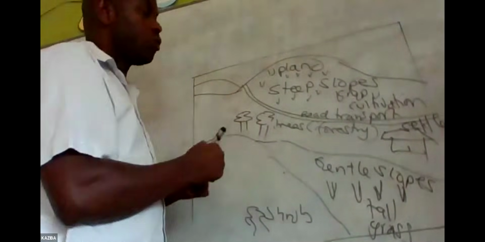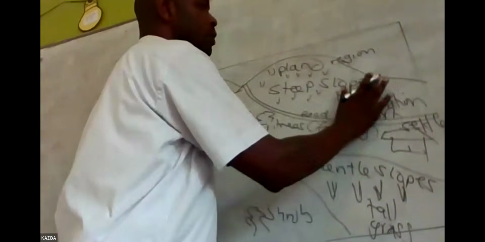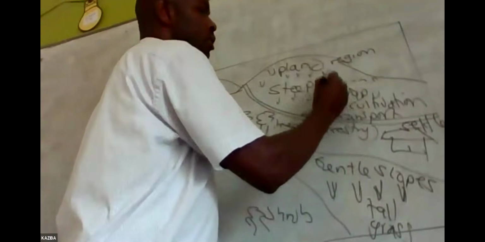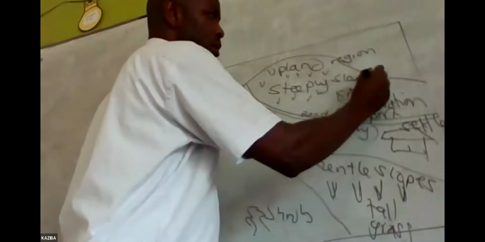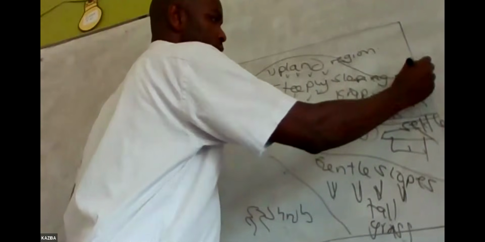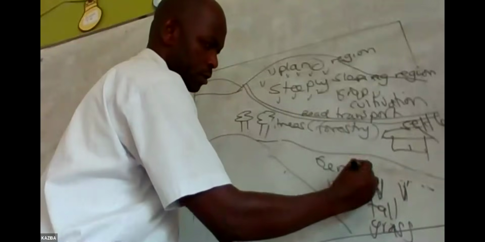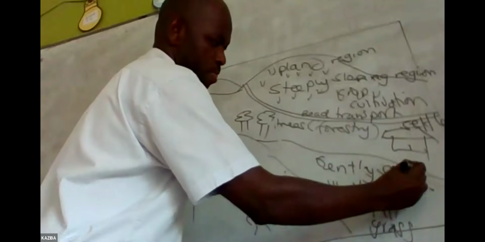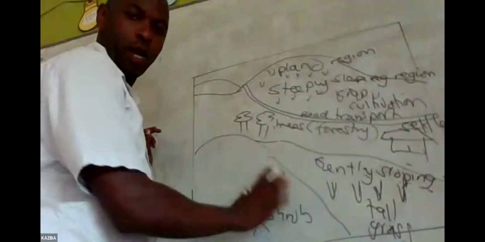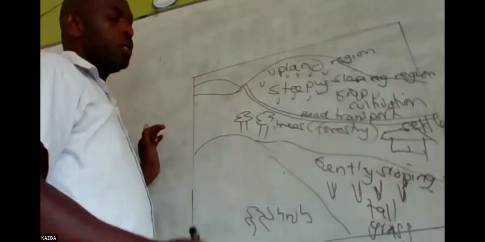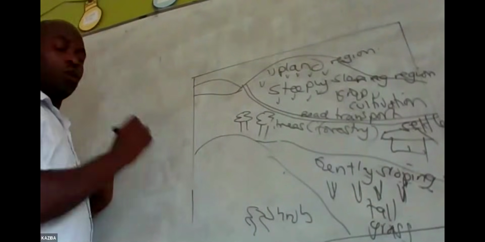If they are asking for physiographic regions, you put upland region, then you put steeply sloping region, then you put gently sloping region, and then you put maybe low-lying, if it is there. So the first question is always about drawing a landscape sketch. Let me give you another example.